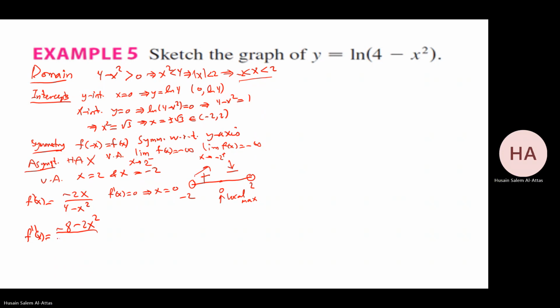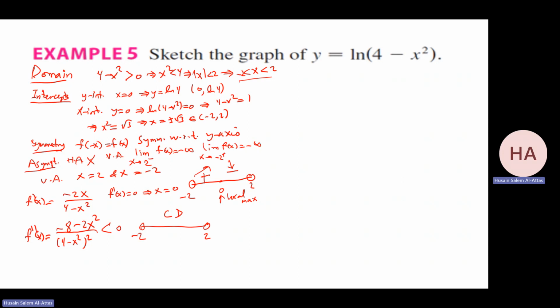Now, if you notice, this one is always negative. Any value of x squared will make it positive, times -2 negative, with the -8, always negative. This is -2 and 2, only my domain is here, and the function is concave down all the way.